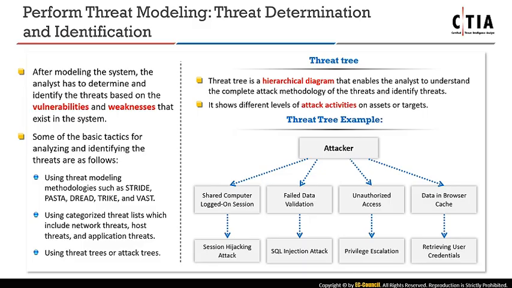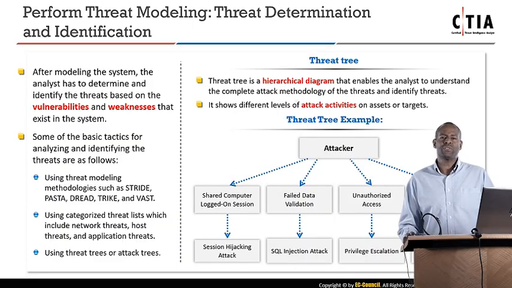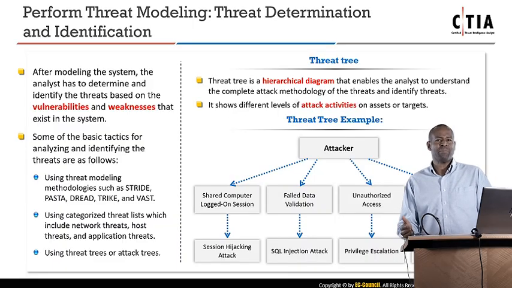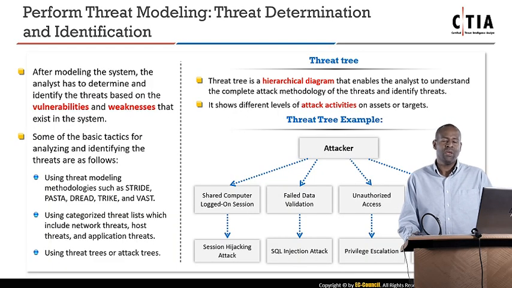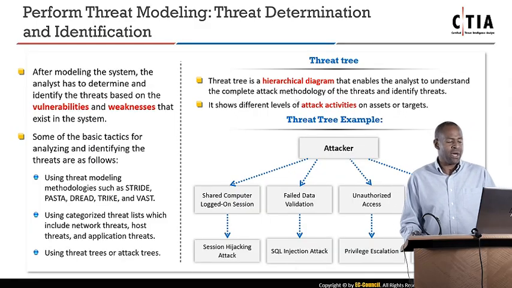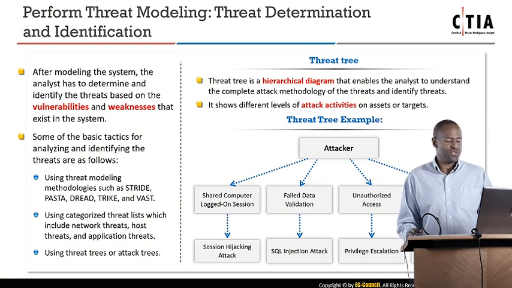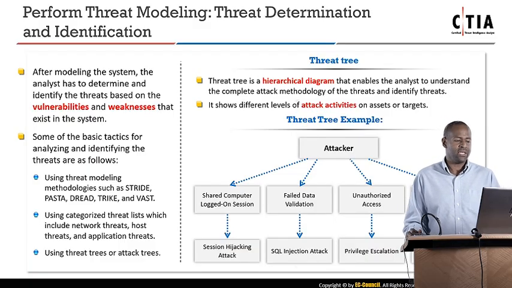And DREAD. DREAD is a system for assessing computer security threats. It used to be used with Microsoft, but they've since come up with their own methodology. But you'll currently find DREAD being used by OpenStack, if you're familiar with OpenStack. DREAD's mnemonic is damage, reproducibility, exploitability, affected users, and discoverability.